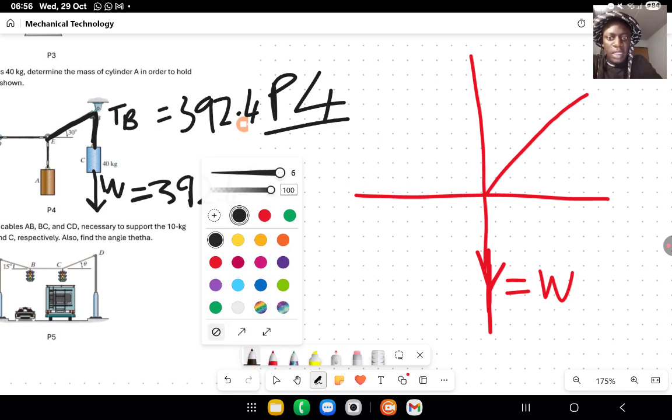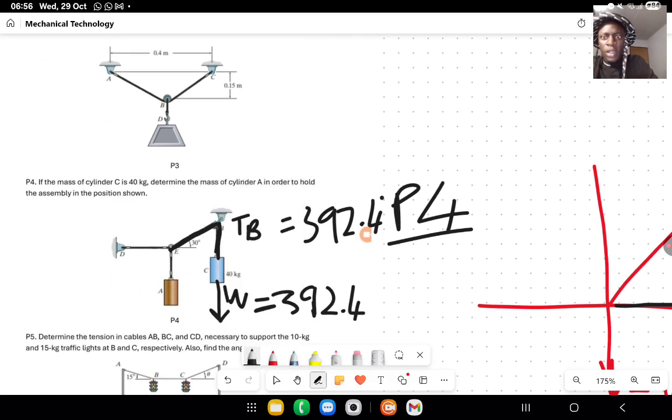Therefore, we have to resolve this into components like this. Now here, we must find the mass of the cylinder C. If the mass of cylinder C is 40, we'll find the weight. Determine the mass of cylinder A in order to hold the assembly in the position shown.